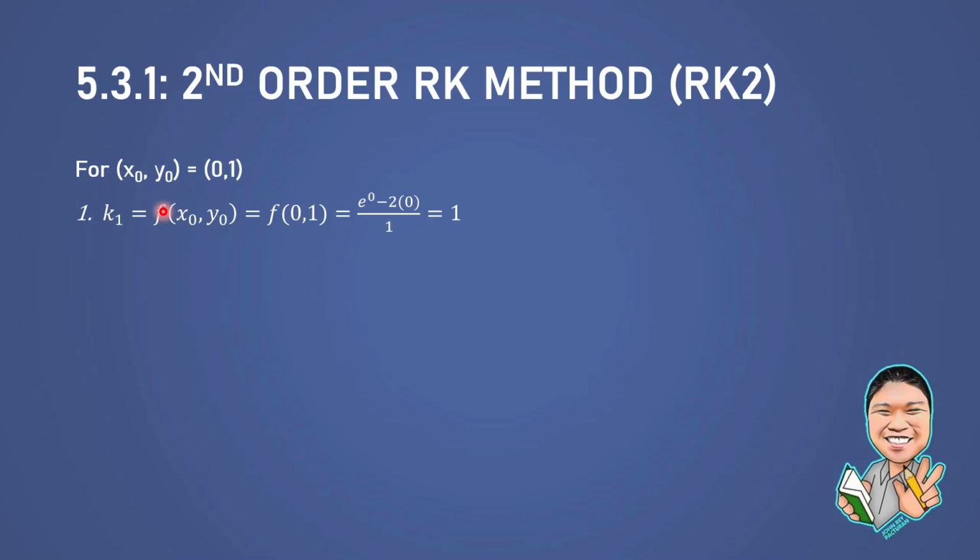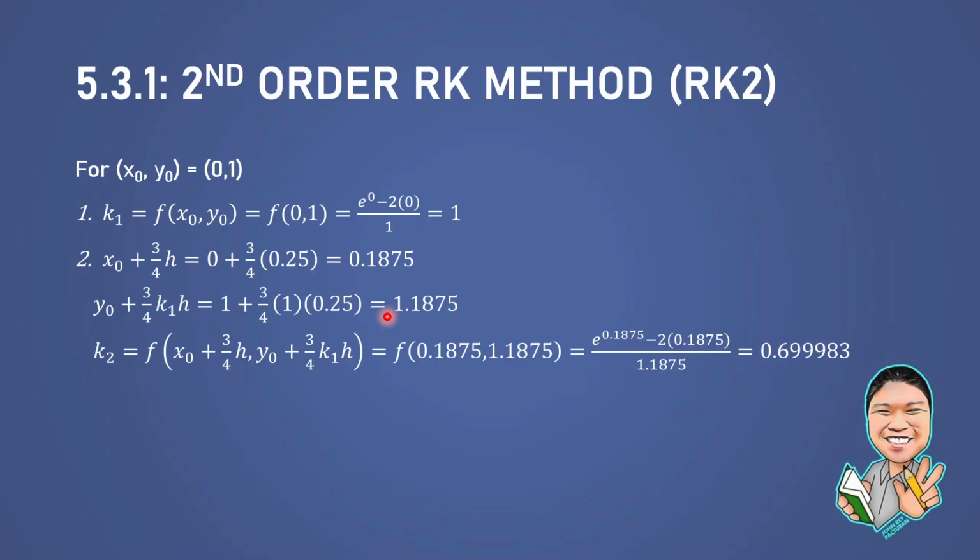So, ito yung mangyayari. Yung K1, diba, is simply yung f of x sub 0, y sub 0. So, isubstitute nyo lang f of (0, 1). So, that is equal to e sub 0 minus 2 times 0 all over 1 and that is equal to 1. So, for step 2, i-flash ko na lahat.